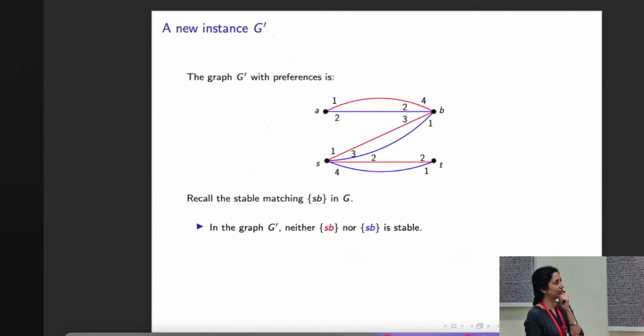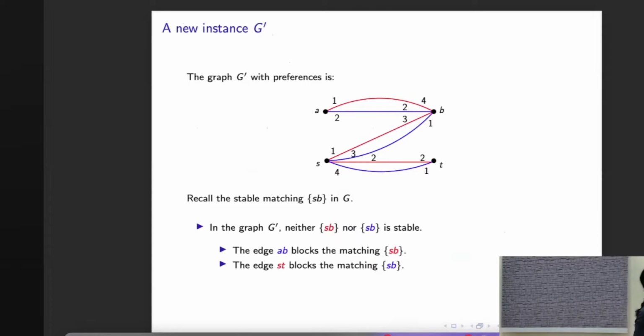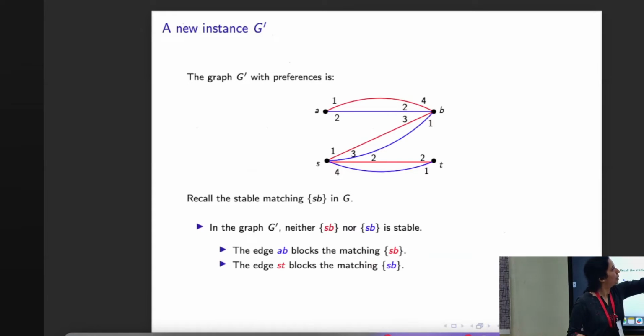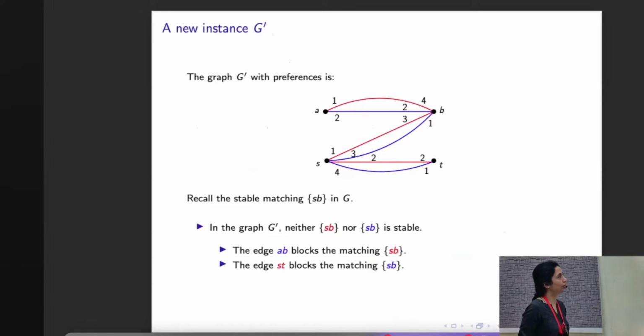What's the blocking edge here to the red edge SB? Yeah, the blue edge AB blocks it because B prefers it, it has rank 2 versus rank 3, and A prefers to be matched along any edge compared to being left unmatched.